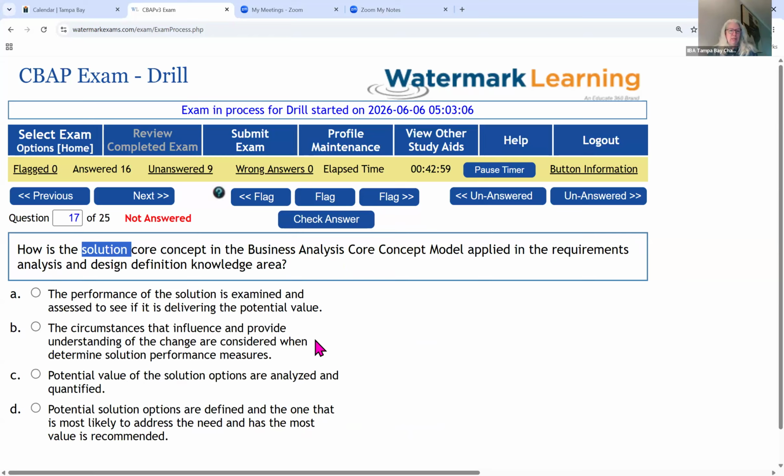The circumstances that influence and provide an understanding to the change are considered when determining solution performance measures. Potential value of the solution options are analyzed and quantified. Potential solution options are defined, and the one that is most likely to address the need and has the most value is recommended. Which one can we eliminate?